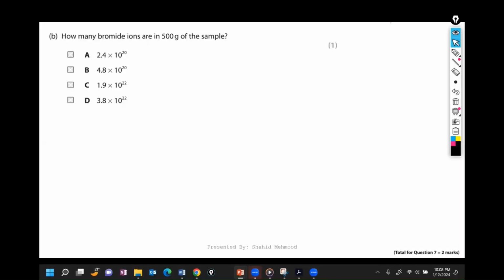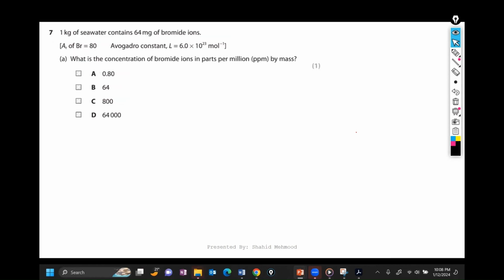Part B, how many bromide ions are in 500 gram of the sample? In this question, they already gave us a standard that 1 kilogram of seawater contains 64 milligram of bromide ions.